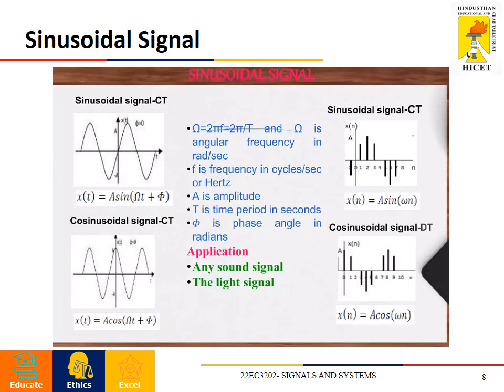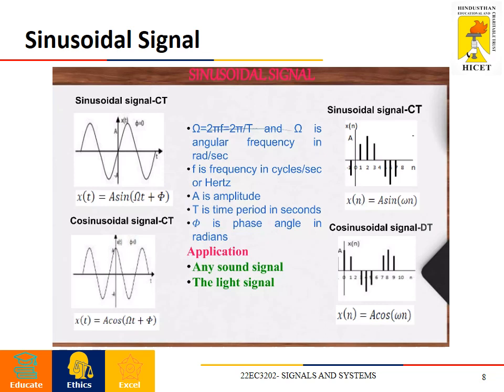The next signal is the sinusoidal signal. It is also represented in both continuous time signal and discrete time signal. This signal can be represented in both sine and cos. If the signal starts from 0 point, then it is represented in the sine form. If the signal starts from 1, then it can be represented in the cos.